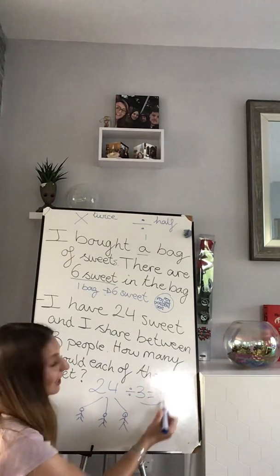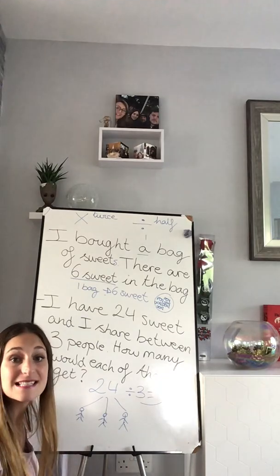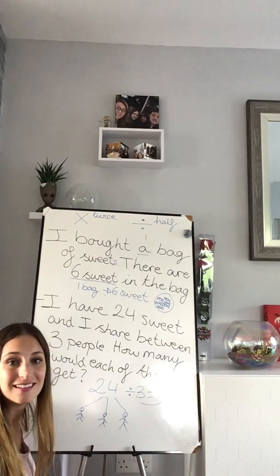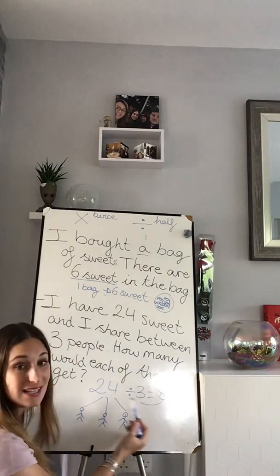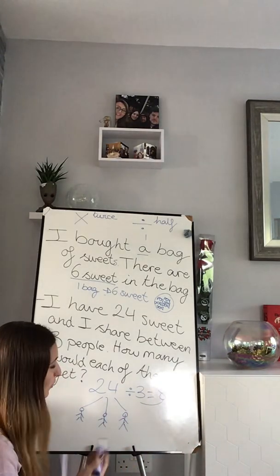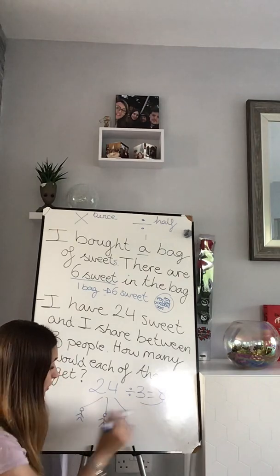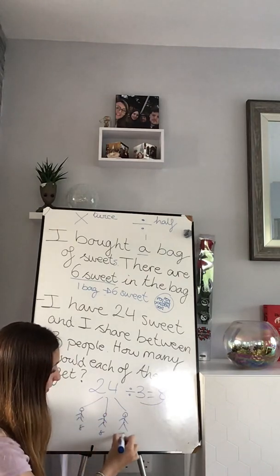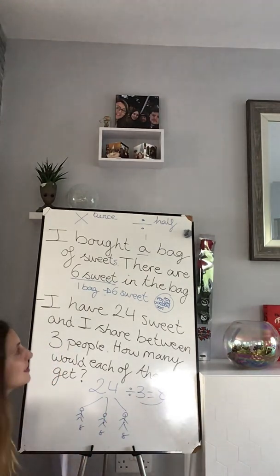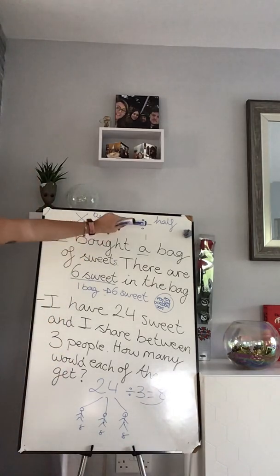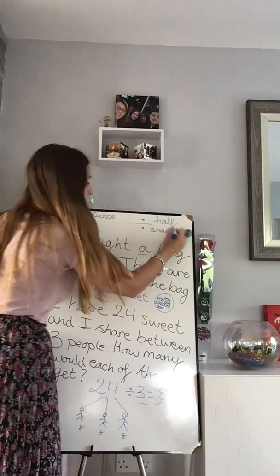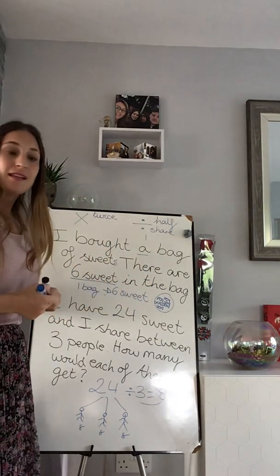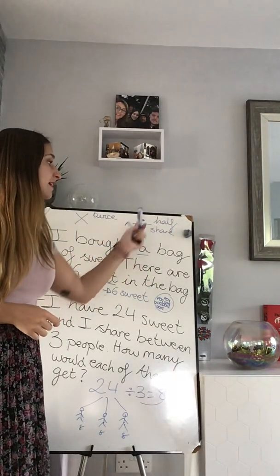What number times 3 is 24? 8, that's right. 8 times 3, 24. So each of them will get 8 sweets.